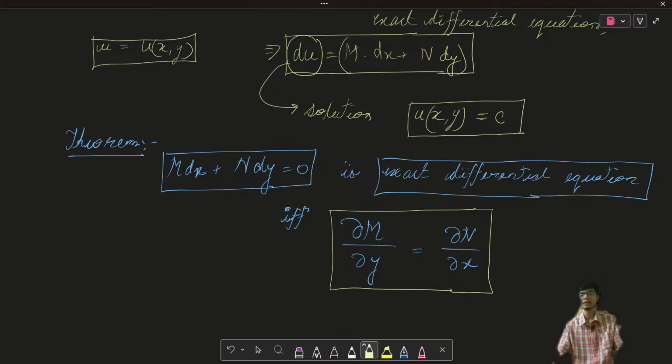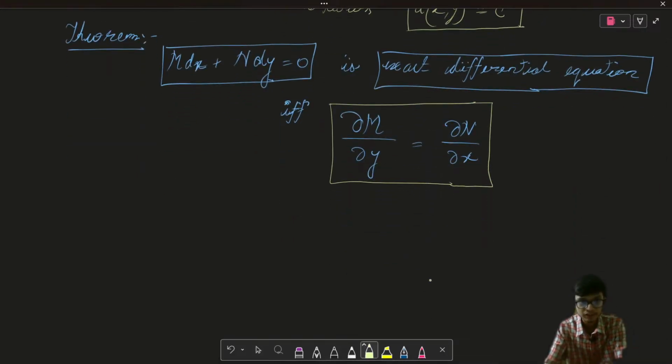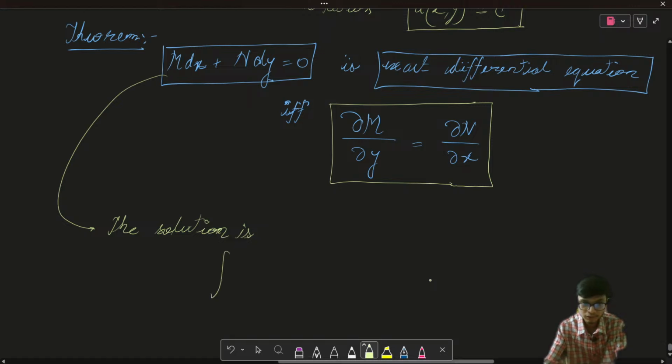Now once I confirm that the given differential equation is of the form of an exact differential equation, the solution of such a differential equation is very simple. The solution is simply given as the integration keeping y as constant.